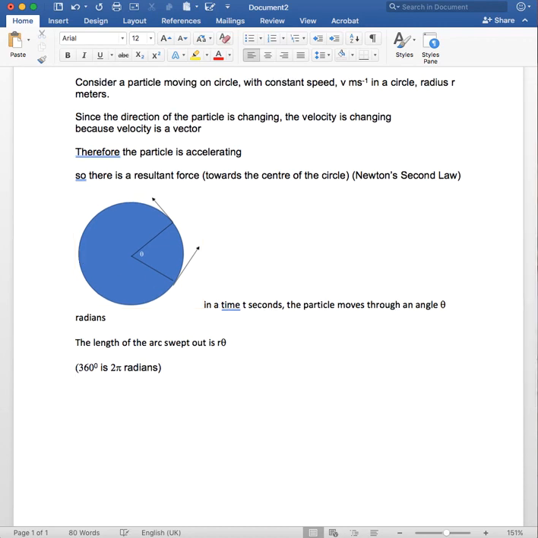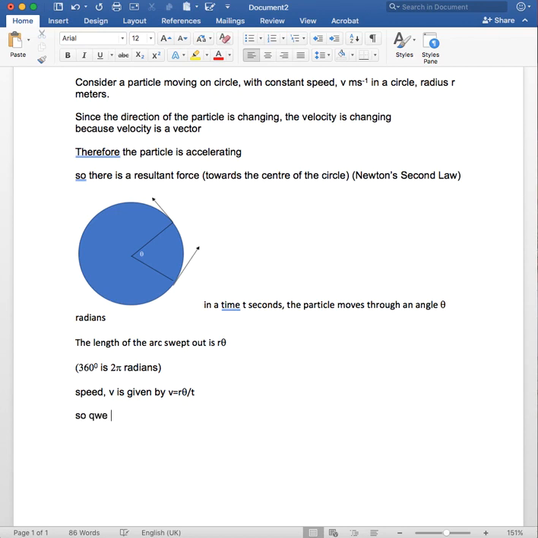So v then, the speed, would be given by v is r theta over t, that is to say, the distance travelled divided by the time.